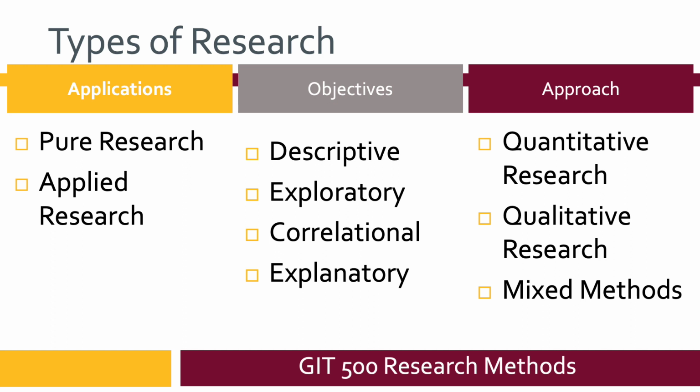So it's less pointed and more open to just find out what is going on. Correlational will be situations when one thing affects a different thing and you're trying to figure out what those things are. And then explanatory will be research that helps explain a situation and what is happening and why.